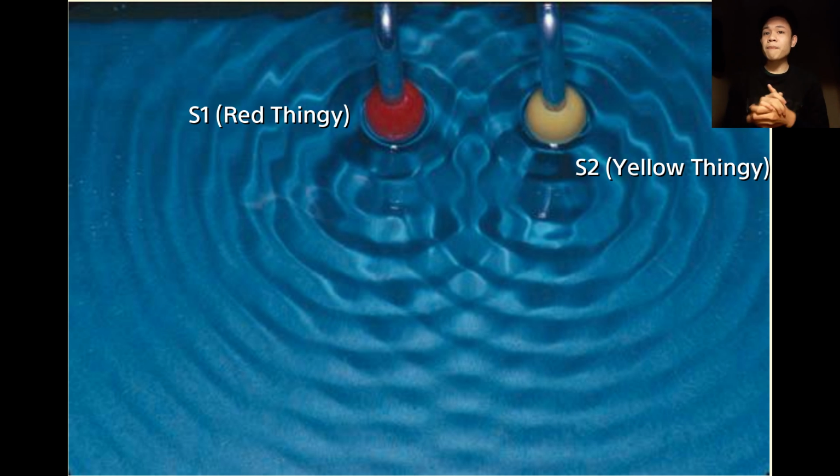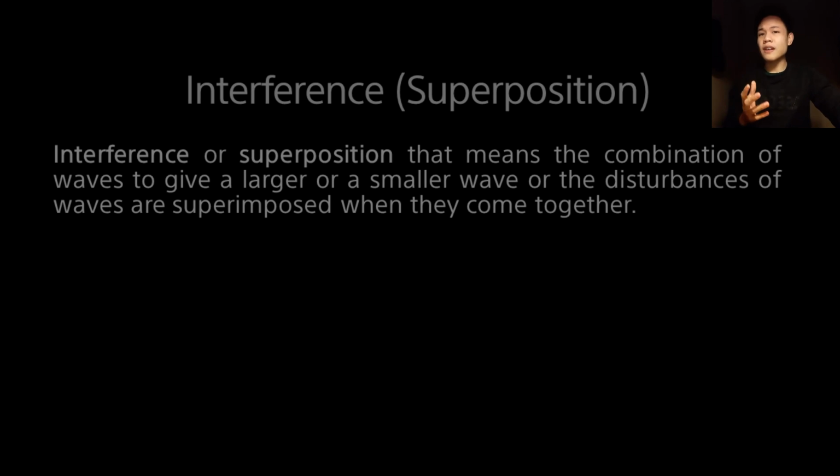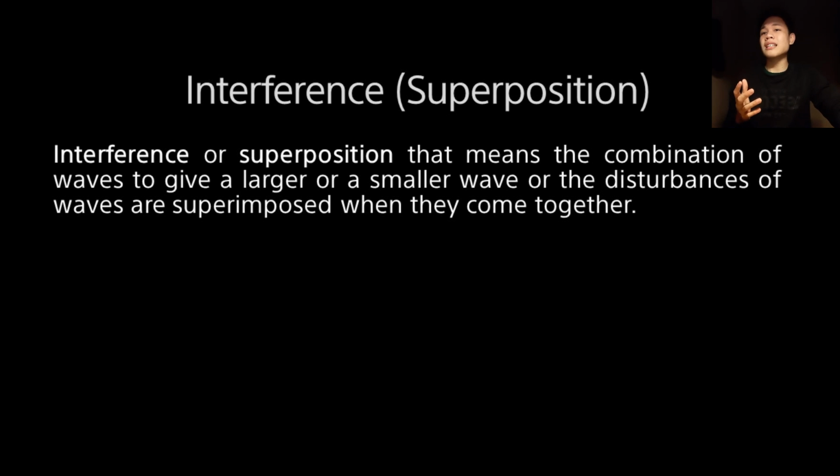In the picture, the blurred lines radiating from between S1 and S2 join such points. It is called interference or superposition. That means the combination of waves to give a larger or a smaller wave; disturbances of waves are superimposed when they come together.